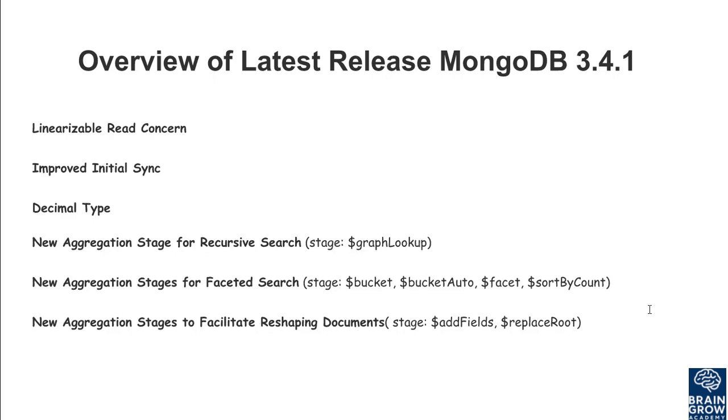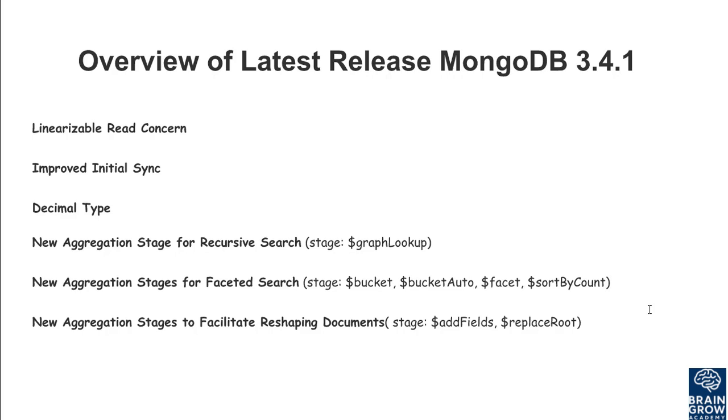MongoDB has introduced recursive search, so when you perform a search, it will search a collection recursively, and for that they have introduced a stage, that is $graphLookup. So we can use this stage graphLookup for this. We'll see it in detail.